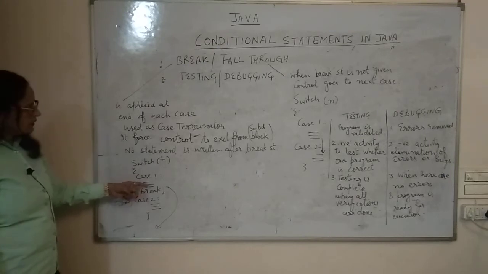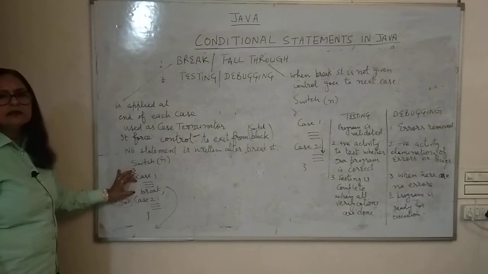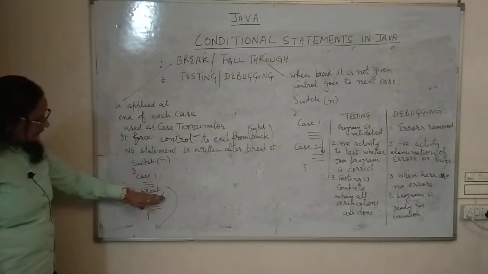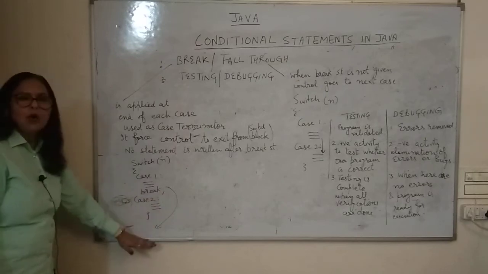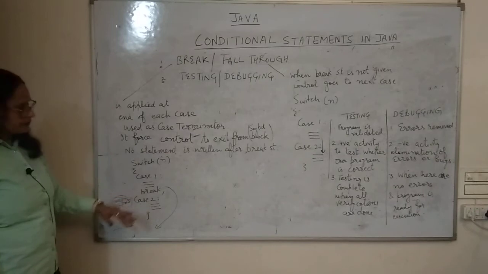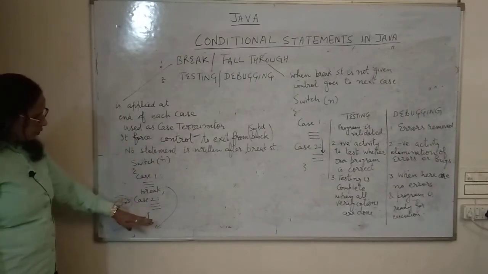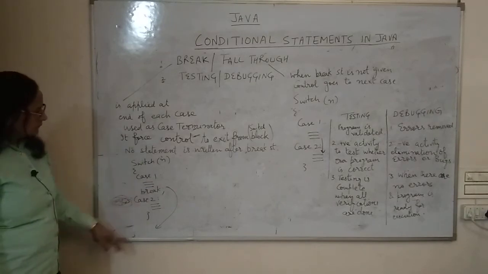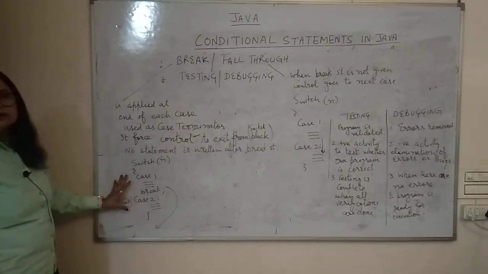If the user has put 1 over here, it is going to execute this particular block of the switch, and then after the break statement, it is going to skip all the rest. Even if you can enter 100 choices, it is going to skip all of them, and then bring the control to the end of the switch construct.